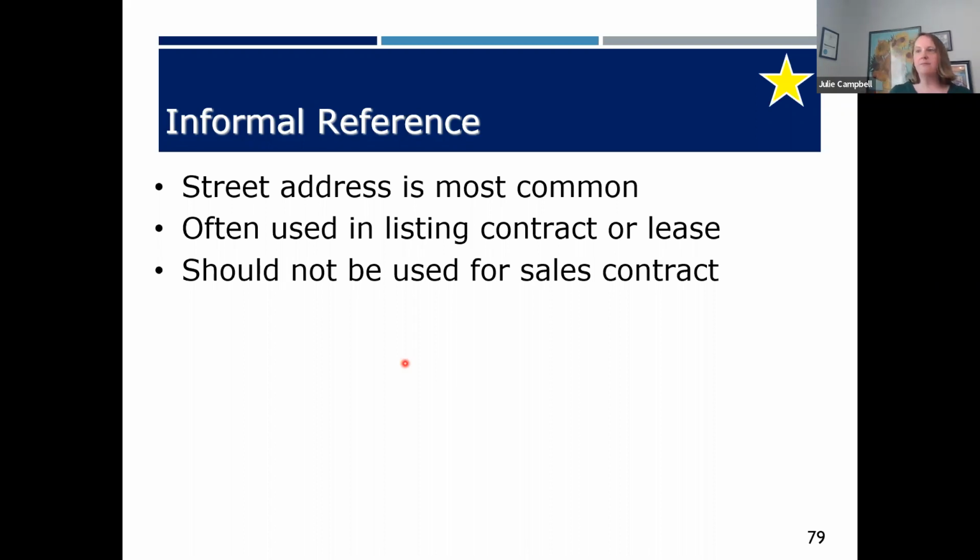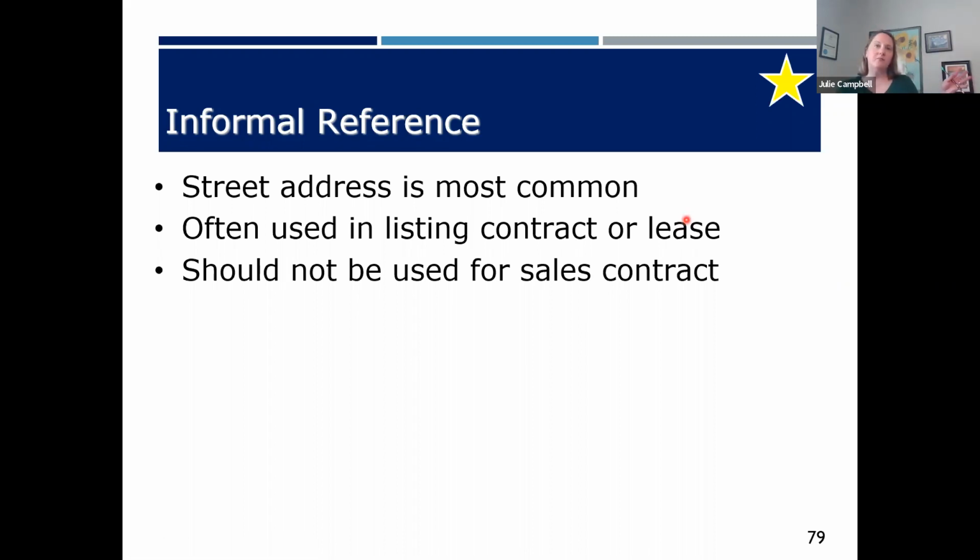What lot is it? We need as much of the legal description as we can to make sure we're all identifying the same property. When you are conveying property, the street address alone is not sufficient. We need more information. Now, if you're using a listing agreement or a lease, you're not conveying property. We'll talk more about all that.